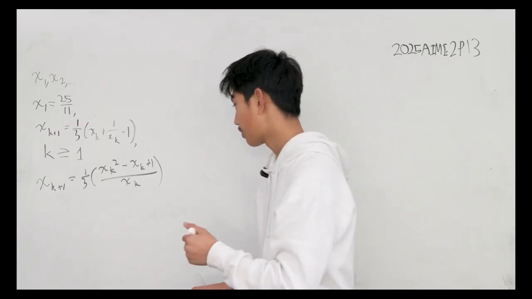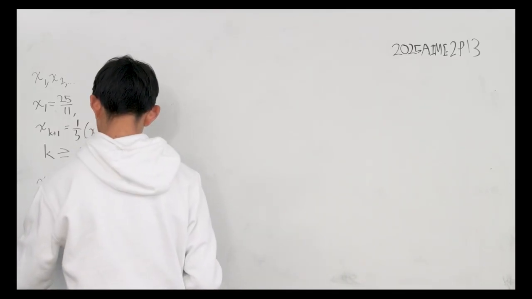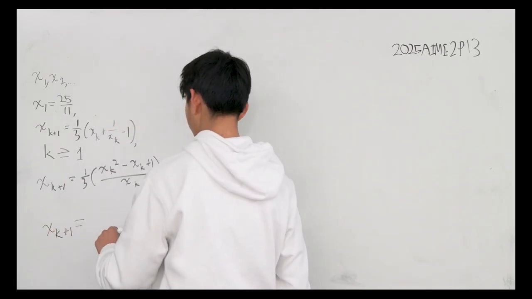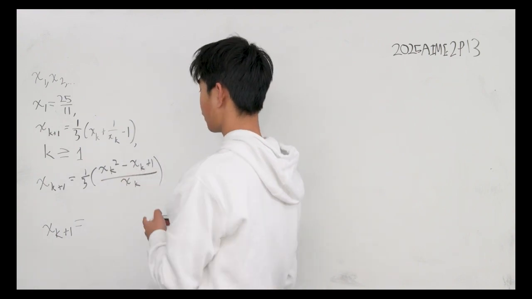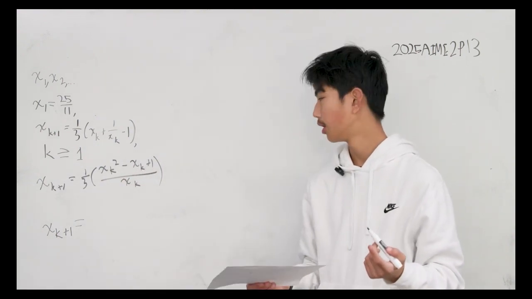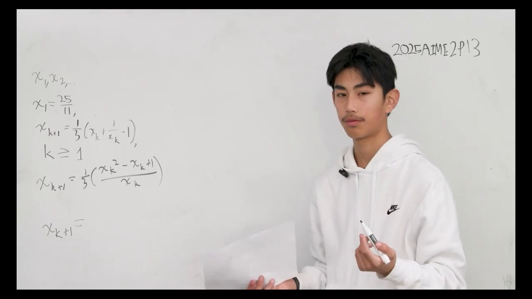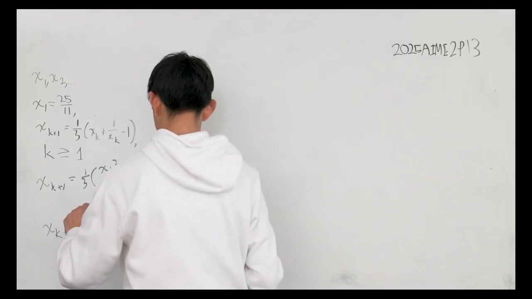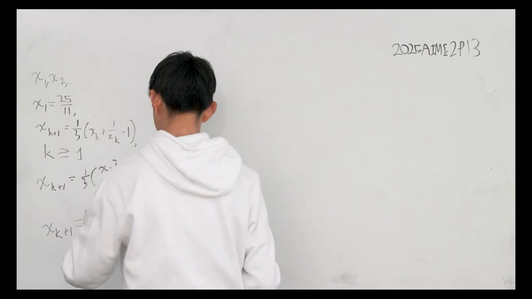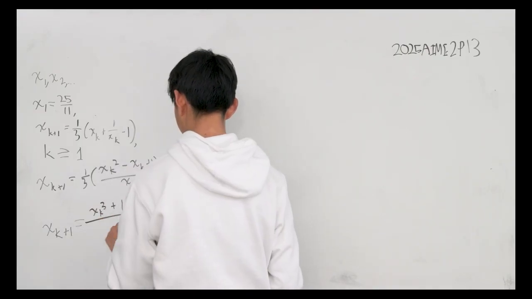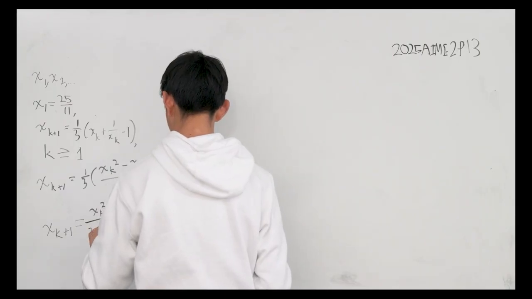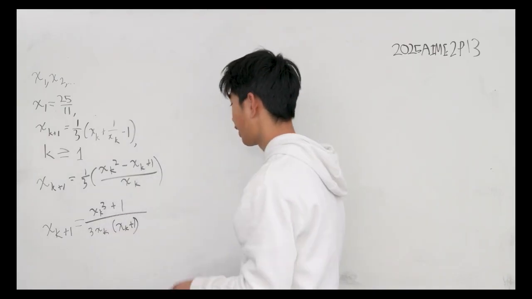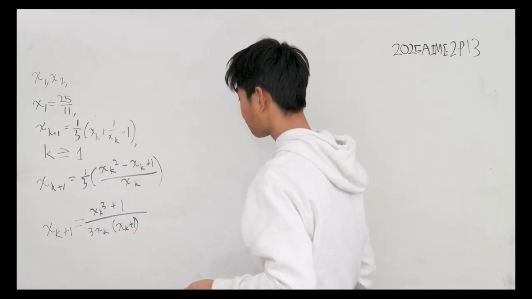So we can do that. x sub k plus 1 equals, I'm going to put the 3 on the bottom now, but when you multiply this by x sub k plus 1, we're going to get just x sub k cubed plus 1, all divided by 3 x sub k, and then you're going to have to divide by x sub k plus 1, what you multiply to get from here to here.